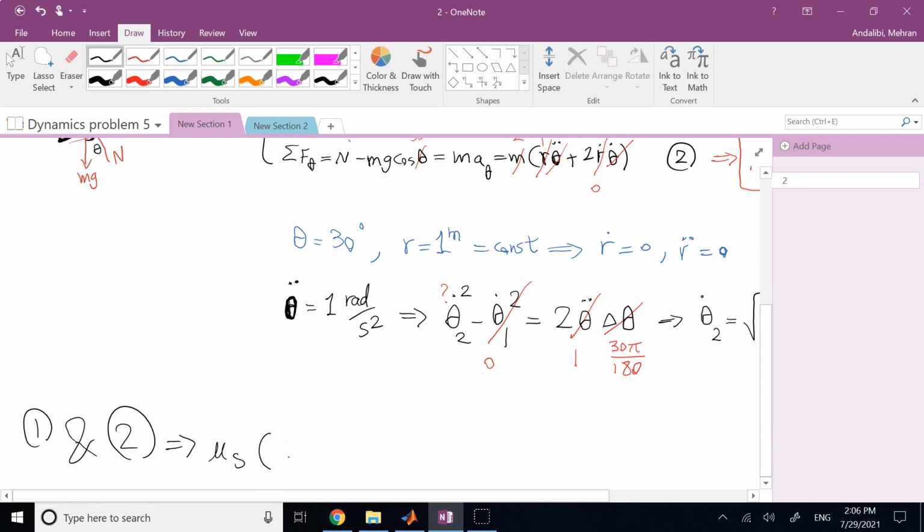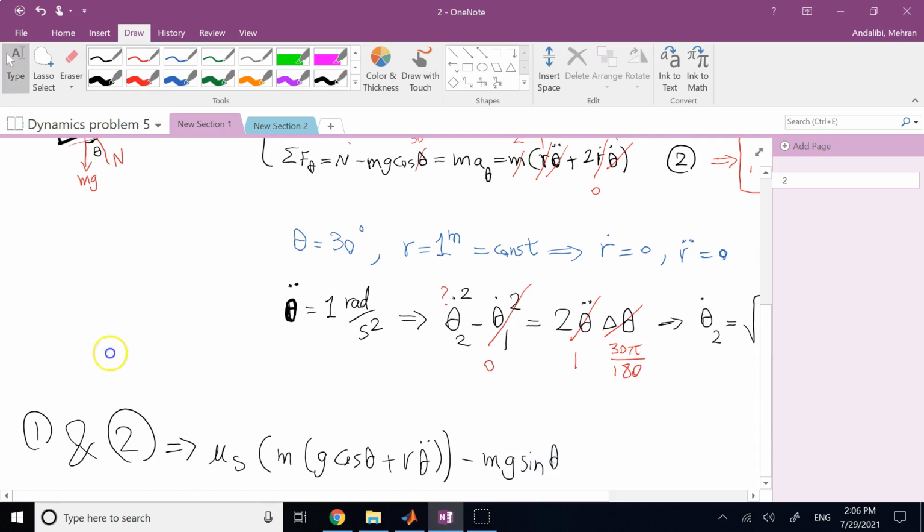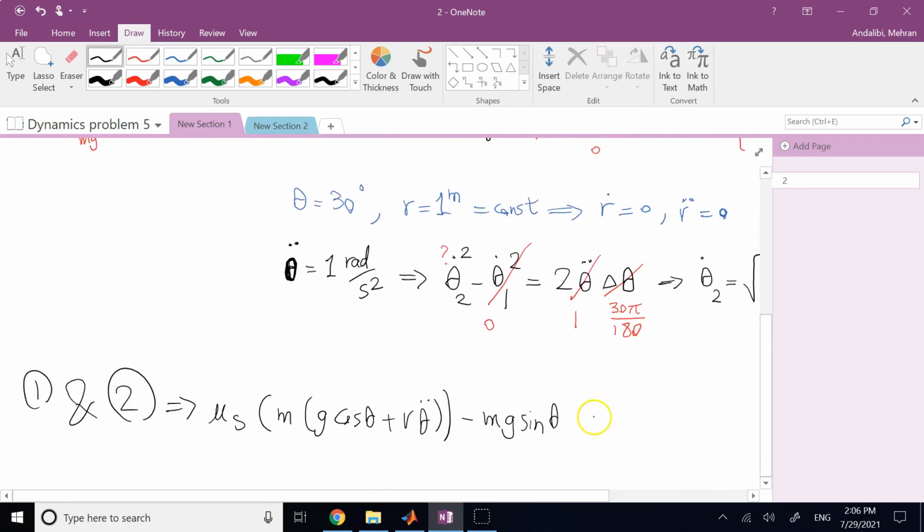N from equation 2 is m times g cosine theta plus r theta double dot, right? So mu s times N minus mg sine theta is equal to m times r double dot minus r theta dot squared.